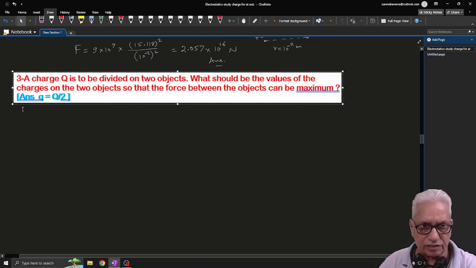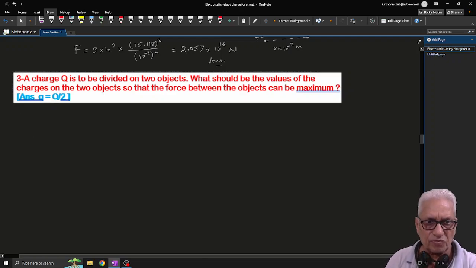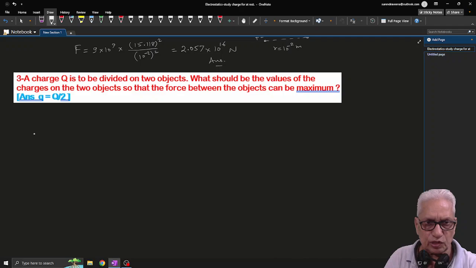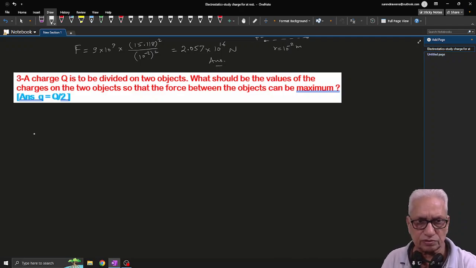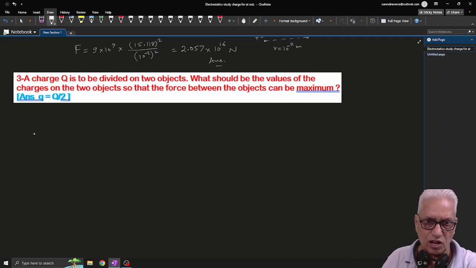This is a very good question. Suppose the total charge is Q. If we divide it into two parts, one part has charge q and the other body has the total minus the charge transferred, Q minus q.